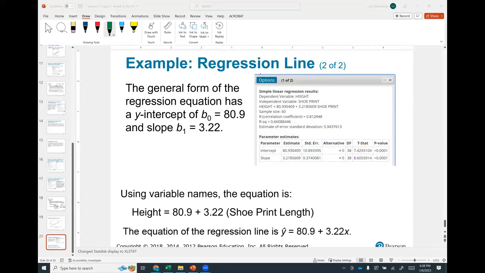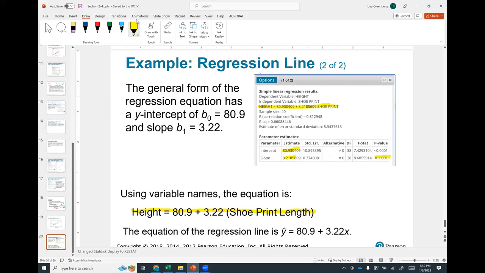Okay, so the general form of the regression equation has a y-intercept of 80.9. Okay, they rounded it a little more than I did, and a slope of 3.22. There are the values. So we have intercept, slope, notice, small p-value, and here, this is basically right here, right?